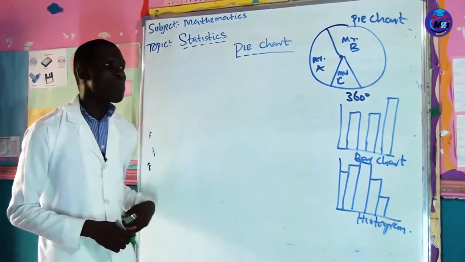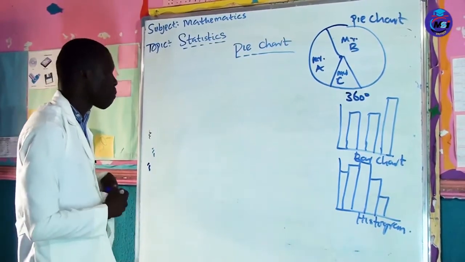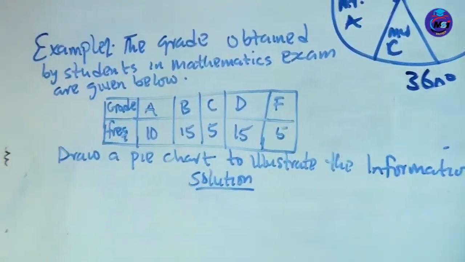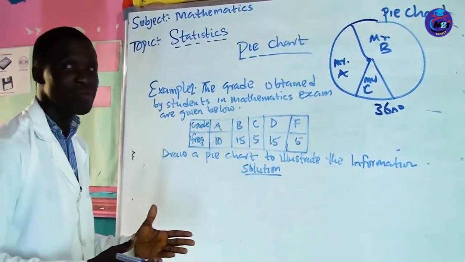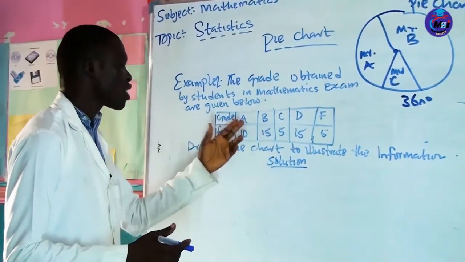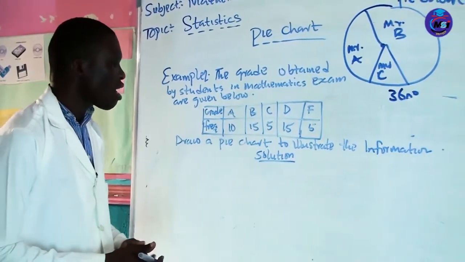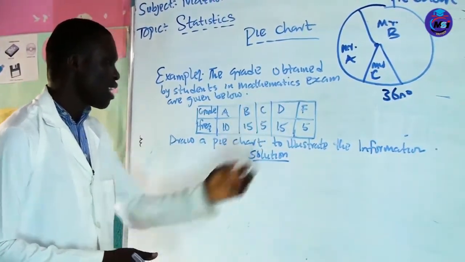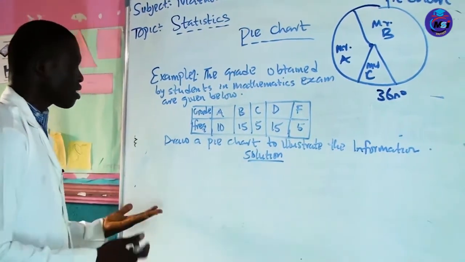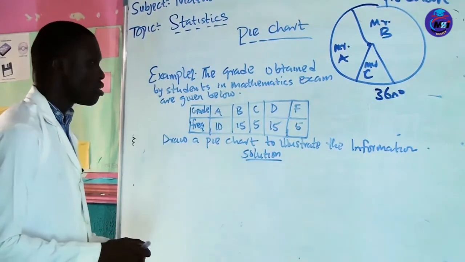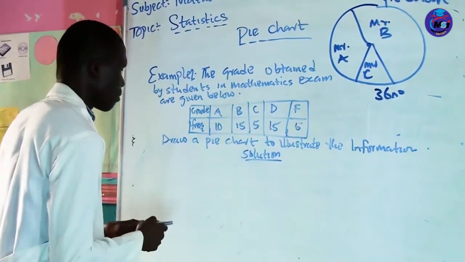Now let's continue with pie chart. Let me give you an example where we can construct our pie chart. We have grades here. In this example, grade A is 10, grade B 15, grade C 5, grade D 15, and grade F 5. Now let's look at how to draw the pie chart for this data.